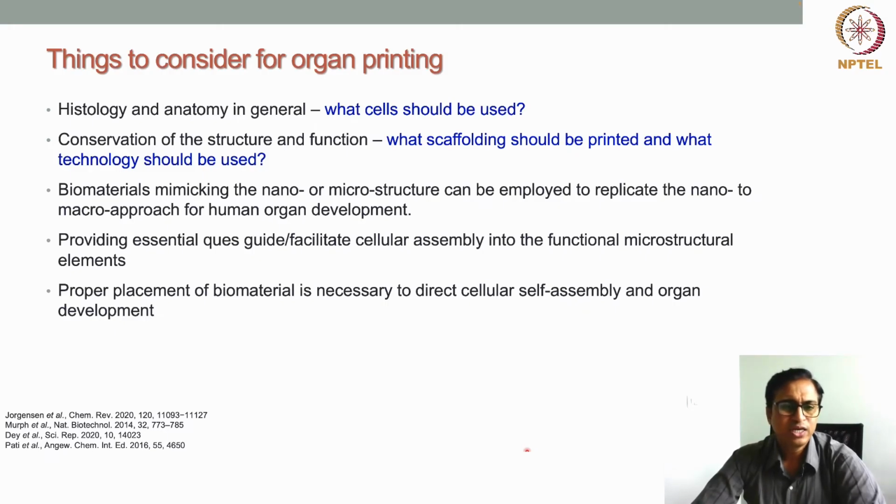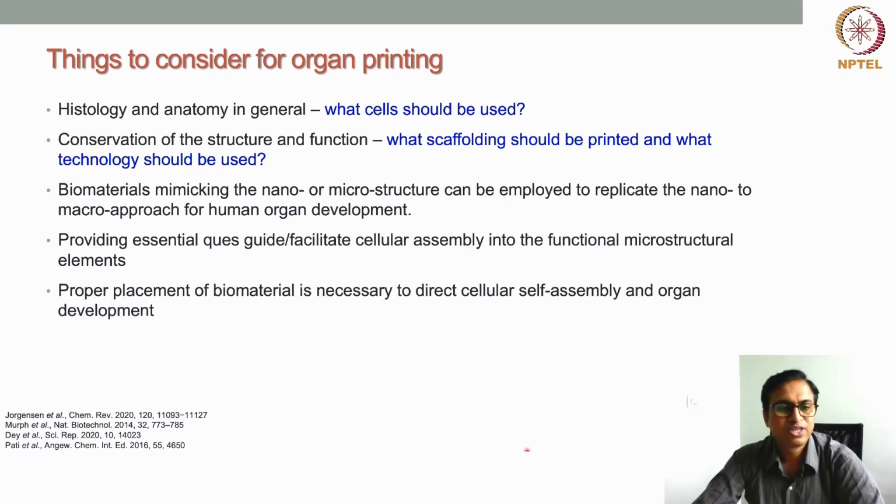Similarly, when we are thinking about developing the nano to macro approach for human organ development, we also have to recreate that kind of structure, nano to macro structure with nano to micro architecture.